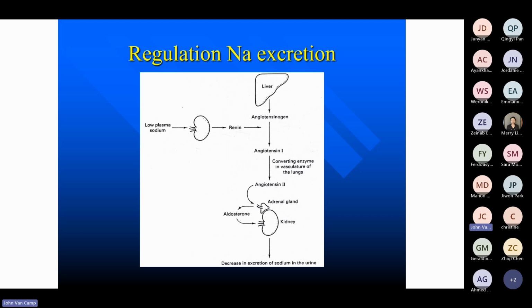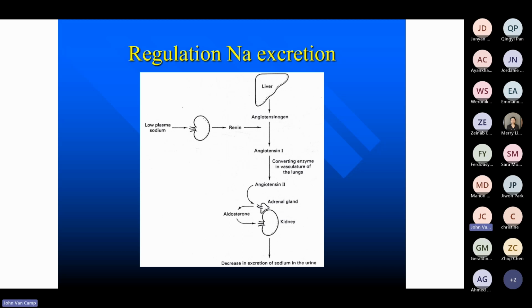And then you get an enzyme, which is called the ACE enzyme, angiotensin converting enzyme, which converts angiotensin 1 into angiotensin 2. And this angiotensin 2 is a strong vasoconstrictor. It interacts with the adrenal gland, releases aldosterone, and aldosterone will lead to less excretion of sodium by the urine.